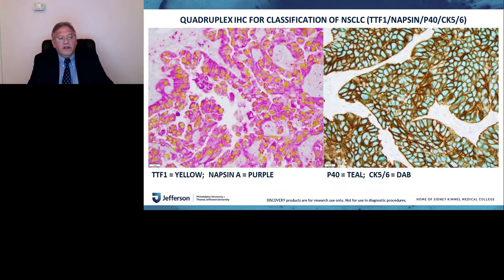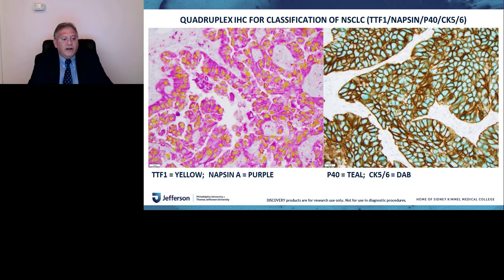Another example, these are pictures from a very recent publication. A few months ago, we published this data in the Annals of Diagnostic Pathology. We ran a cohort of 264 non-small cell carcinomas of the lung, stained them with the quadruple multiplex, and then we tried to come up with a diagnosis.